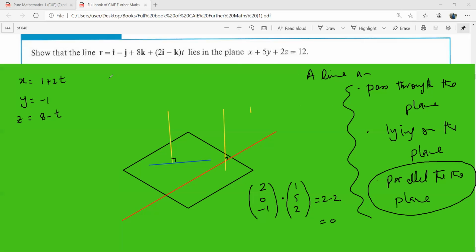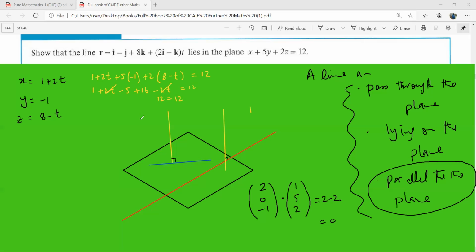If I substitute this into the plane, I get 1 plus 2t, then I have 5 into minus 1, and then plus 2 into 8 minus t. And you will see that this will be equal to 12. This is 1 plus 2t minus 5 plus 16 minus 2t, that is equal to 12. 2t is cancelled with the 2t, and this is going to be 12 equal to 12.